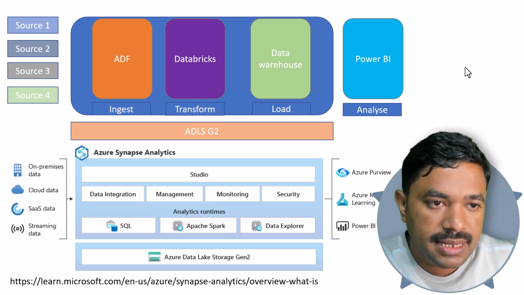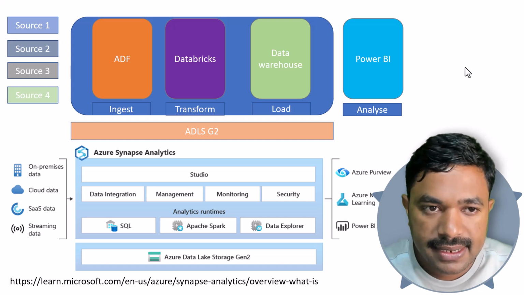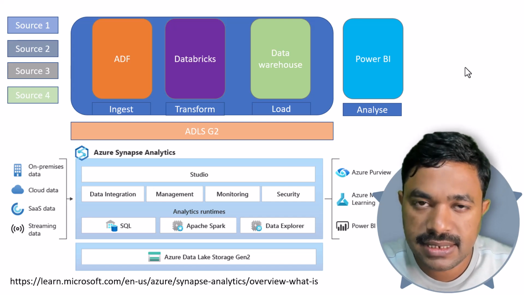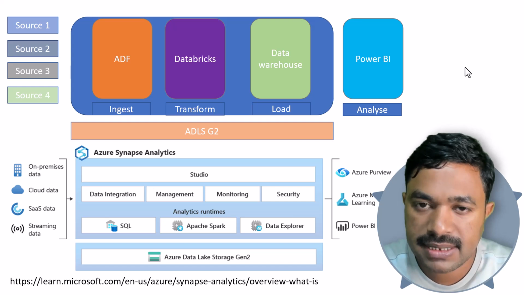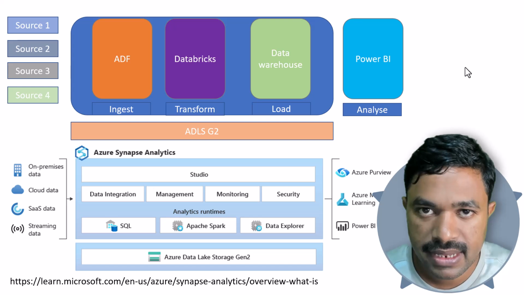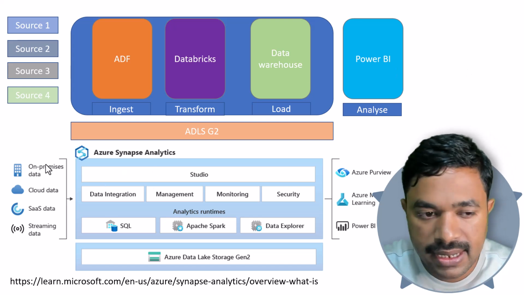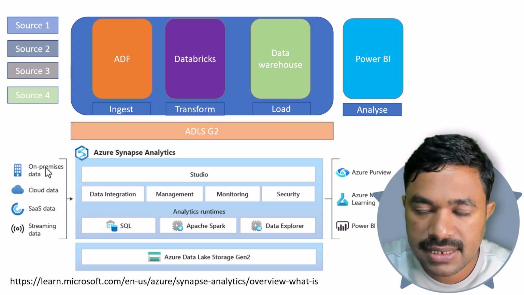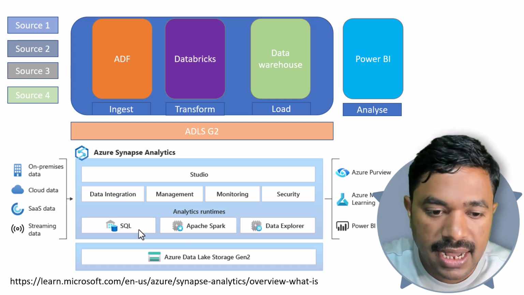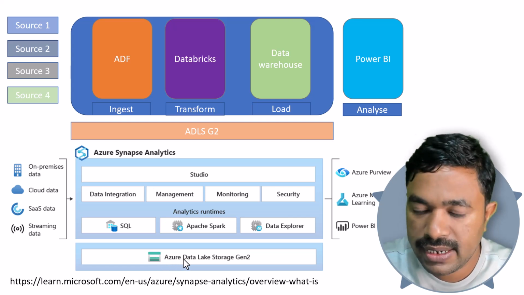So you could see, similar to the previous architecture, for all the computing parts, instead of Azure Data Factory, Azure Databricks and Data Warehouse, we could use Azure Synapse Analytics. This service allows us to access data from all the external sources, and it is integrated with Azure Data Lake.